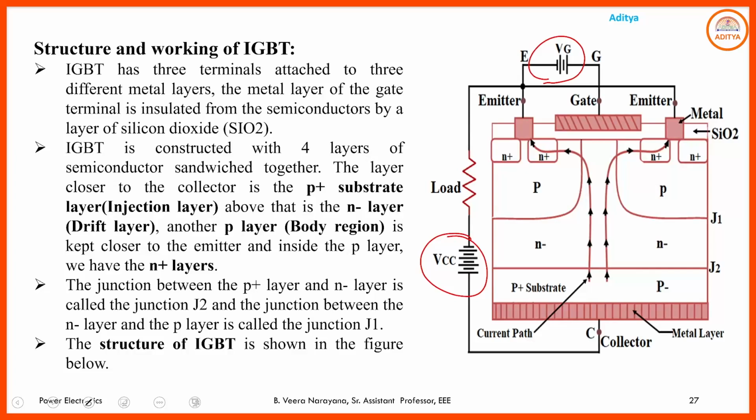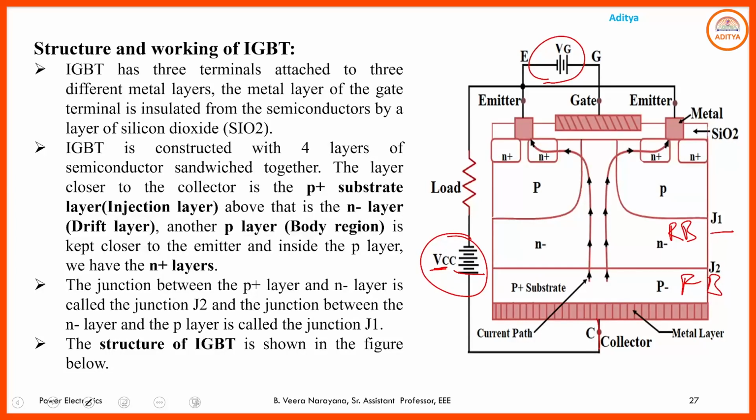Initially the gate voltage is 0 with respect to the emitter, and the positive terminal of the collector voltage is connected to the P-type substrate, so junction J2 is forward biased and junction J1 is reverse biased. Hence as long as the gate-emitter voltage is 0, the IGBT is in the non-conduction state, that is the off state of the IGBT.